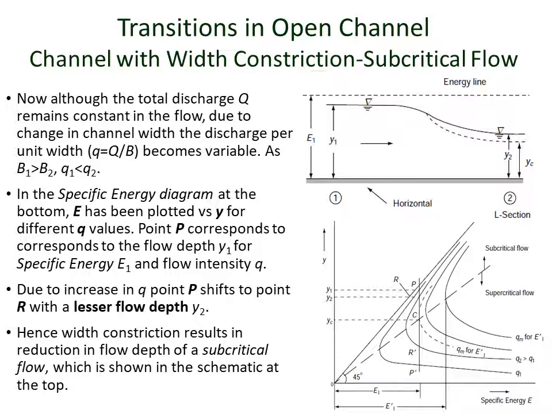So here the point P, which corresponds to the upstream specific energy E1, shifts to another point capital R, which is on another curve for another discharge intensity q2, and you can see that the flow depth corresponding to point R is lesser than the flow depth corresponding to point P. So the gist of all this discussion is that due to the constriction of the width for a subcritical flow, the flow depth reduces in the constricted section.